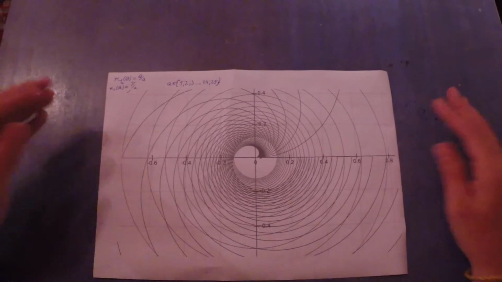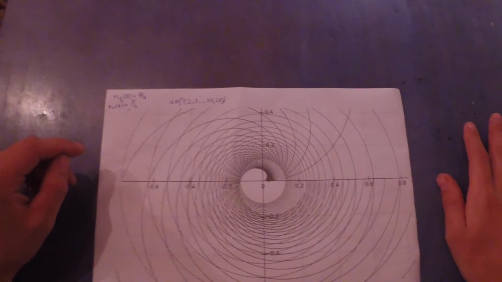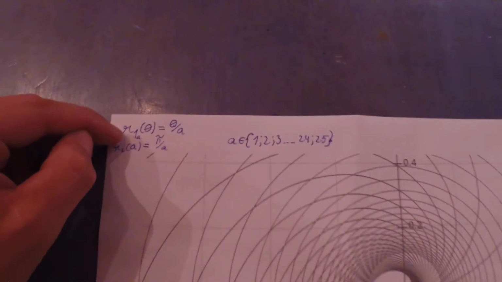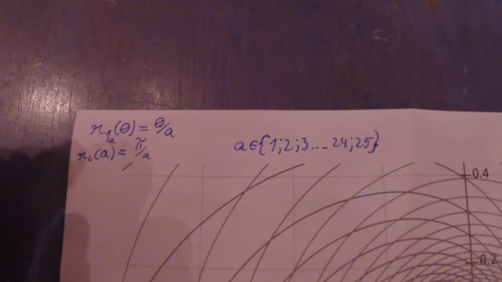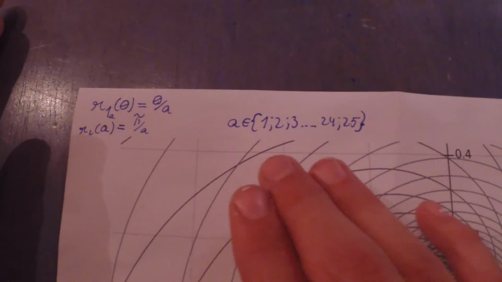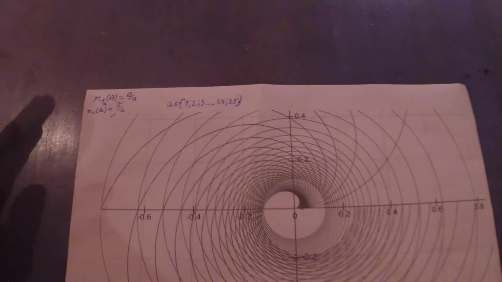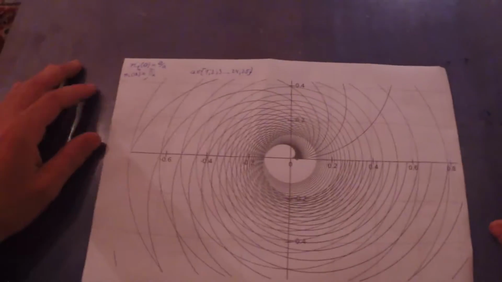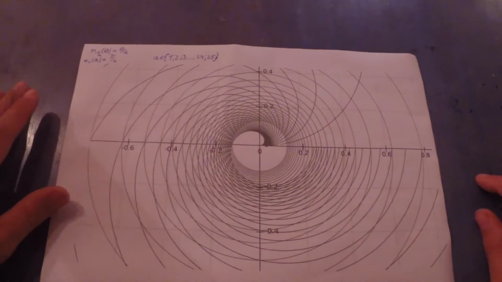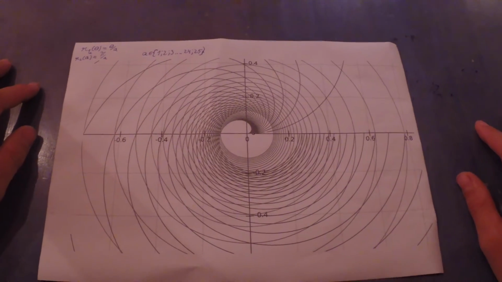Okay, so here I plotted the values for the two functions, R1 and R2, for values of a between 1 and 25. Actually, this isn't the complete function, it's a zoomed in version just to see the critical information.